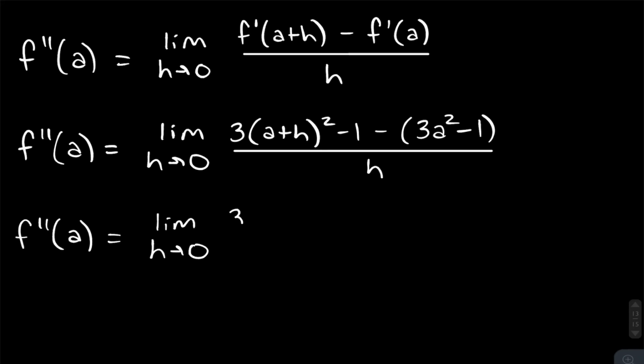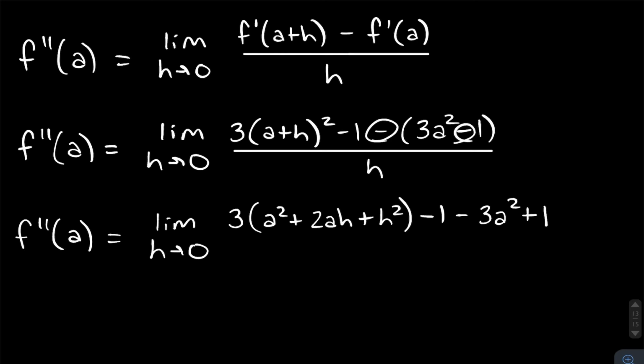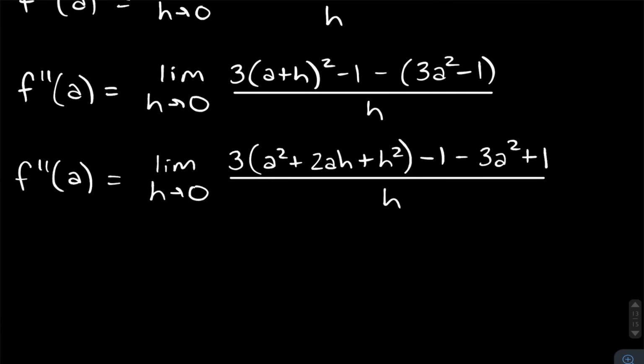Distributing out here, you should also memorize what this is when you expand it. That should be the first thing you memorize. This is going to be a squared plus 2ah plus h squared, minus 1, minus 3a squared plus 1, because you have to distribute that negative, and this is going to be over h. Now we can do a little bit of canceling already. We see the negative 1 and the plus 1 go away.